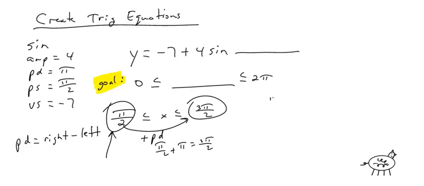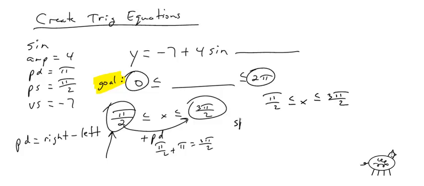Let me write this out nicer: pi over 2 less than or equal to x less than or equal to 3 pi over 2. We need to get 0 here and 2 pi there. My first step, math fans, is step number 1: get the left equal to 0.